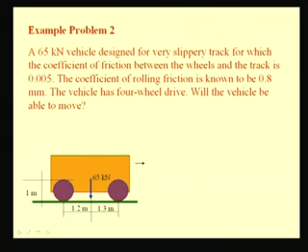In order that the vehicle moves, the thrust developed by these wheels should be less than the maximum friction that is available between the wheel and the track. This can be seen by considering this picture of the wheel, and let us say this is the axle on which this vehicle is supported and we have the track.